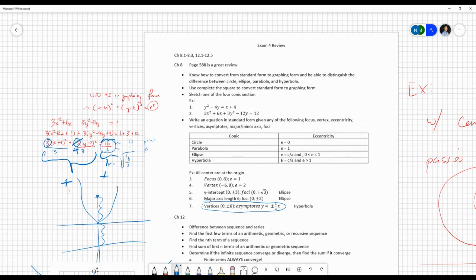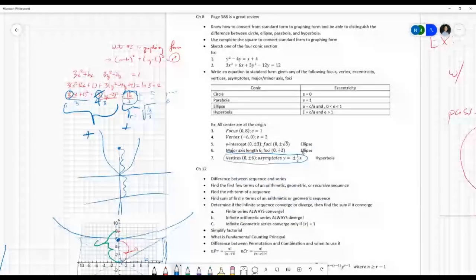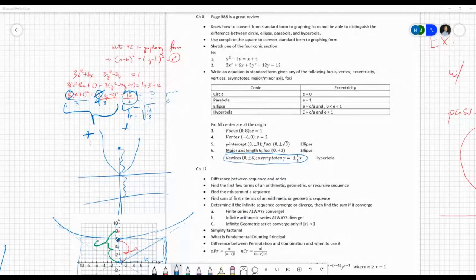It should still be the same because we're using the same edition of the book, though they change a little bit here and there. Yeah, page 588. We would definitely review all those. I'll show it here.